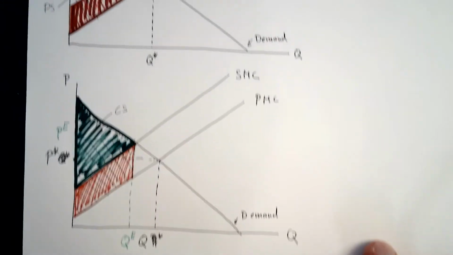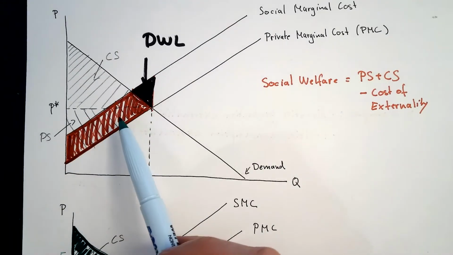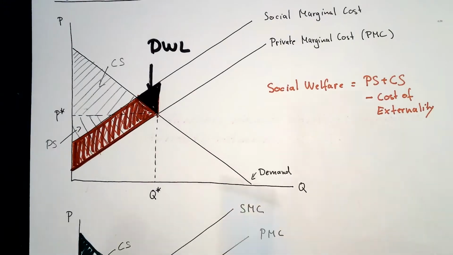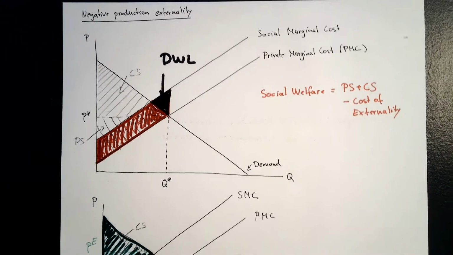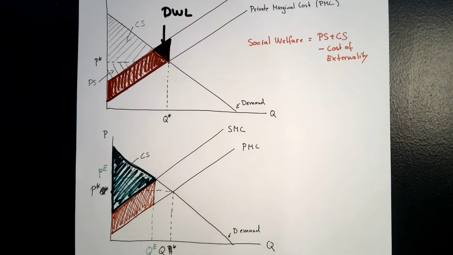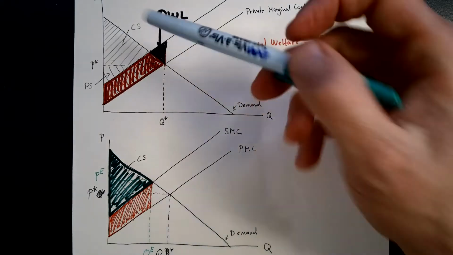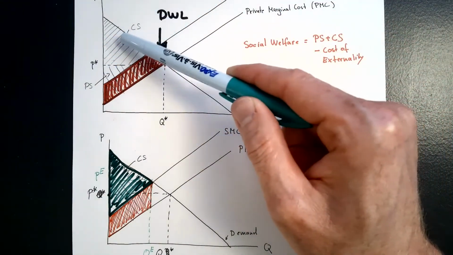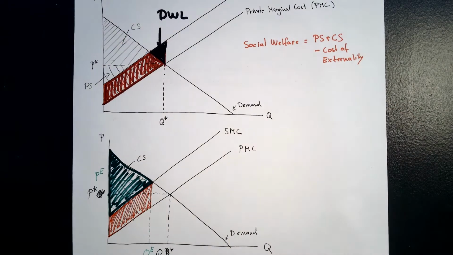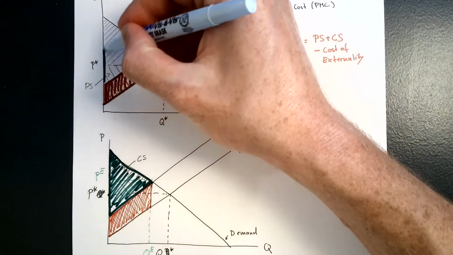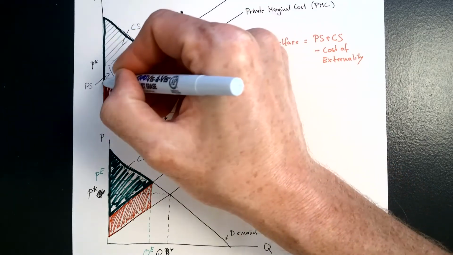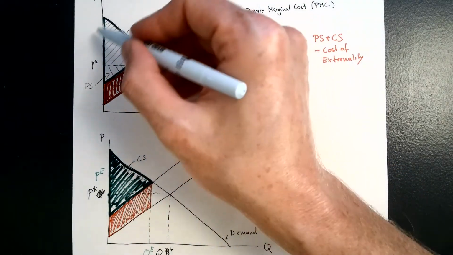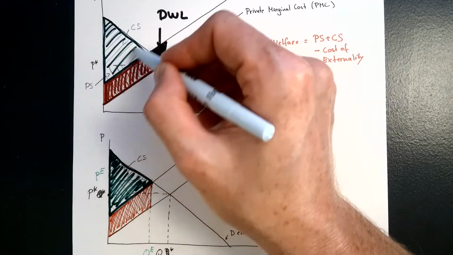Now, how is this different from the above scenario? Note that if you're comparing those two pictures, in this case you also have this red triangle, this green triangle. So those two triangles are equivalent.